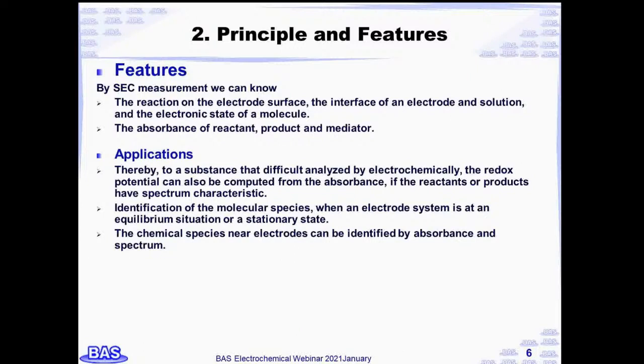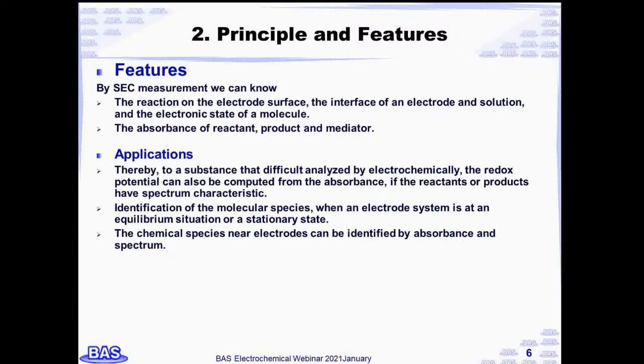By SEC measurement, we can know the reaction on the electrode surface, the interface of an electrode and solution, and the electronic state of a molecule, the absorbance of reactant, product, and mediator, thereby analyzing a substance that is difficult to analyze electrochemically. The redox potential can also be computed from the absorbance if the reactants or products have a characteristic spectrum.